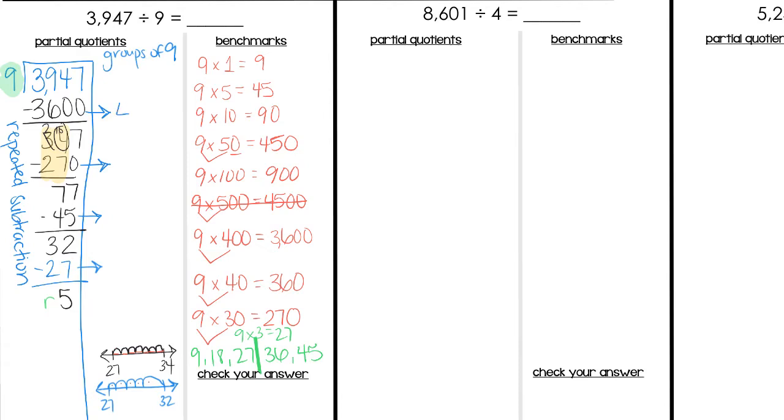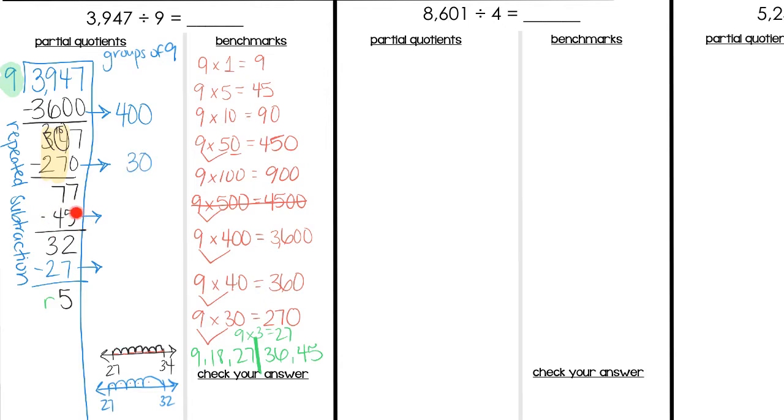So I'm going to write 400. Then we have 270. 270 is how many groups of 9? So I looked on my list. 270 is 30 groups of 9.